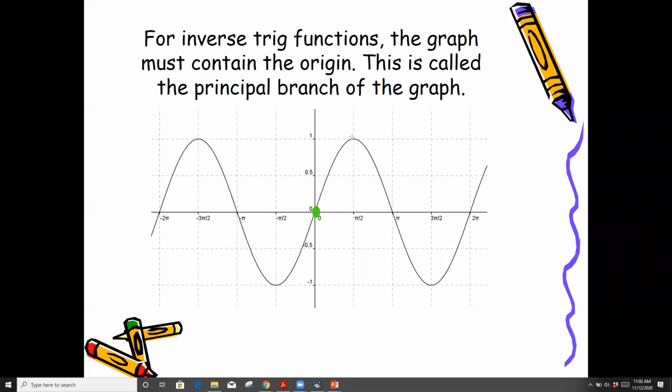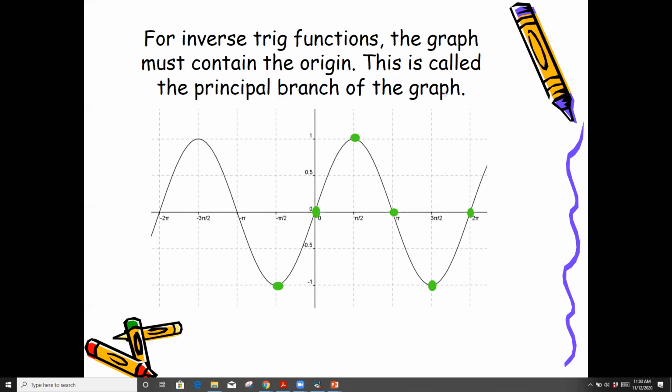We could plot the point pi over 2 comma 1, but we have to switch x and y, so we're going to plot the point 1 comma pi over 2. Or switch x and y, negative 1 comma pi over 2, or 0 comma pi, or negative 1 comma 3 pi over 2. We could take these big points that are on nice y coordinates. So this point is 2 pi comma 0, and then switch x and y and get 0 comma 2 pi.